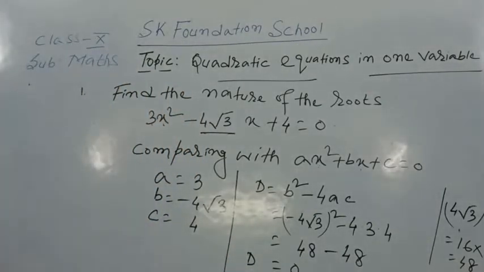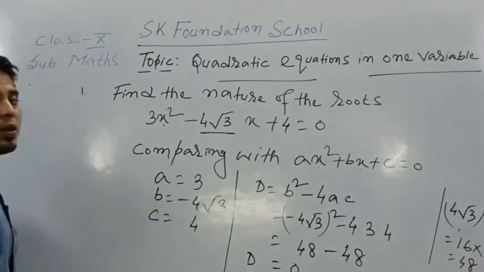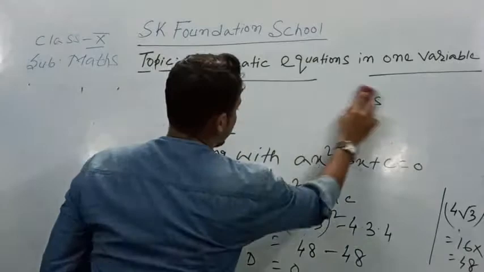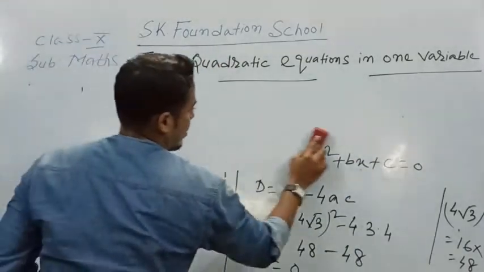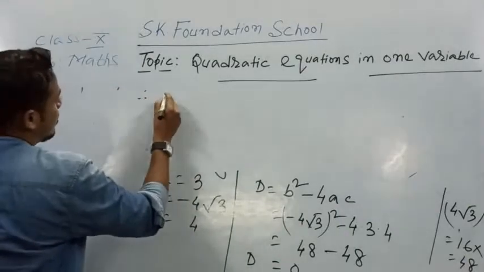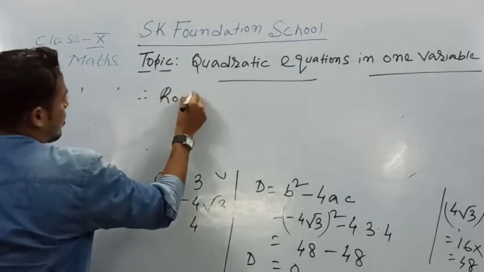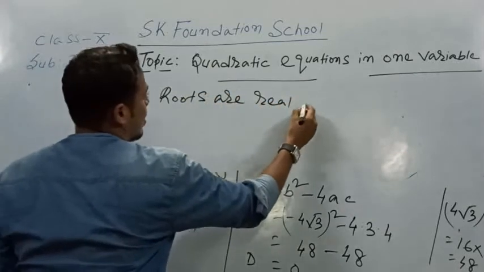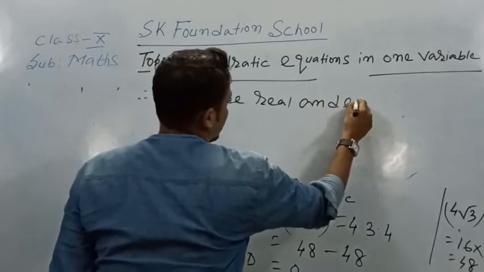So when the value of D, or discriminant, equals 0, at that time we can say the roots are real and equal. So for the nature of roots: the value of D equals 0, therefore the roots are real and equal.